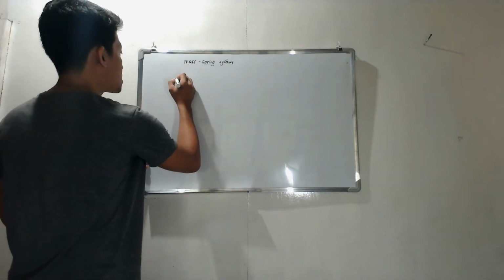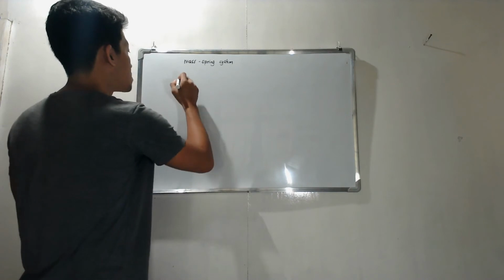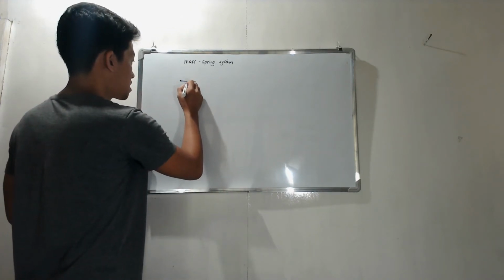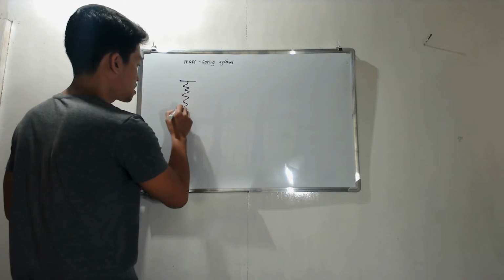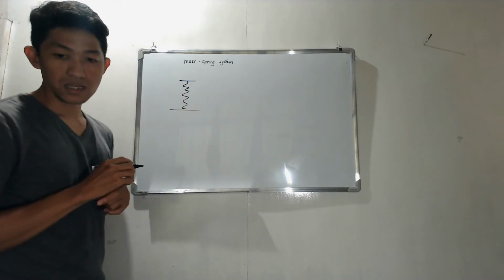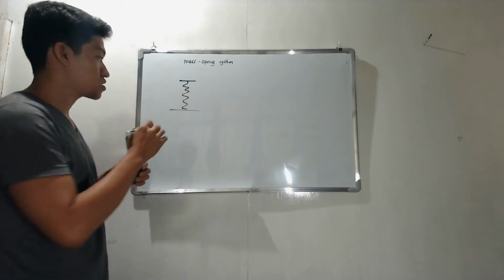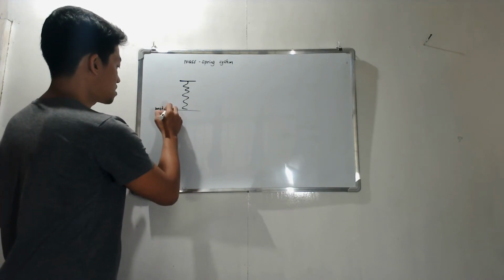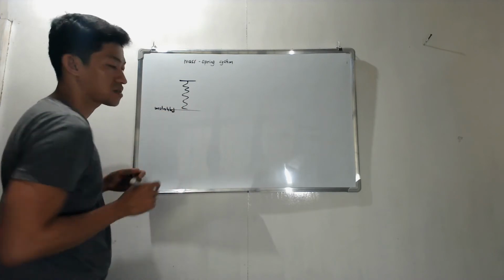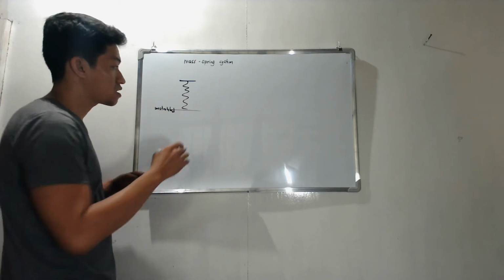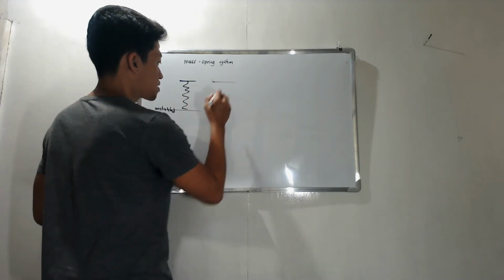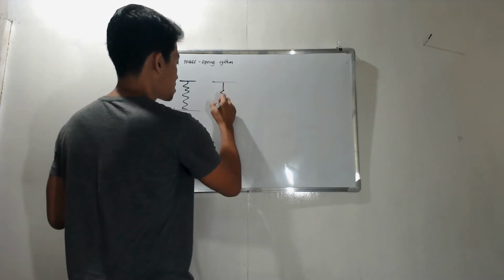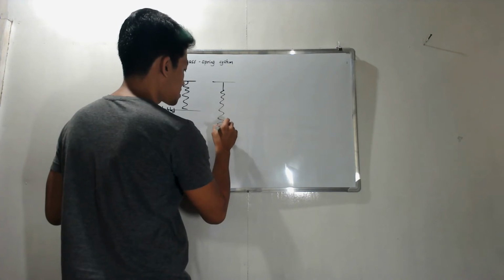You have a spring that is initially unstretched, and then at a certain time you put a mass.